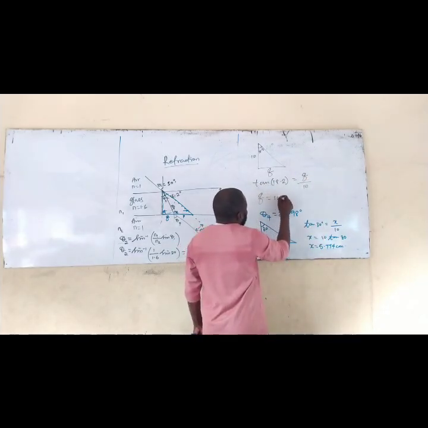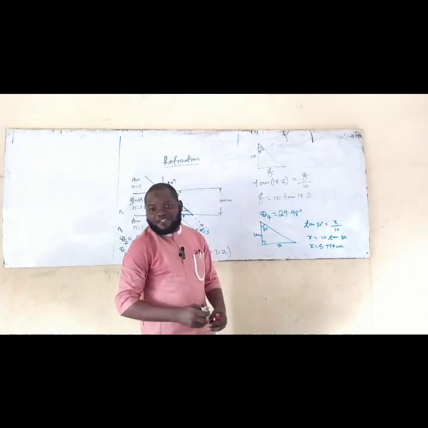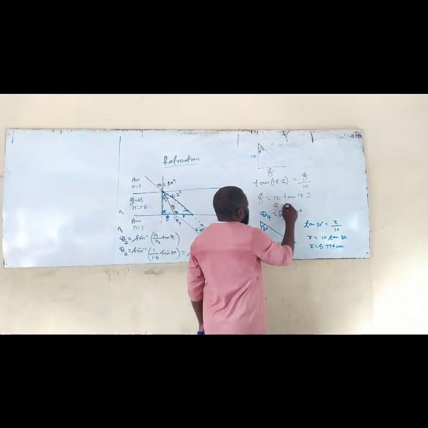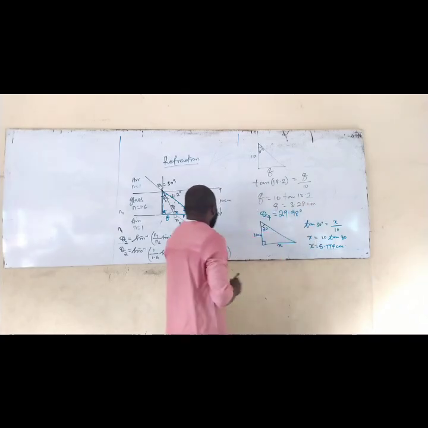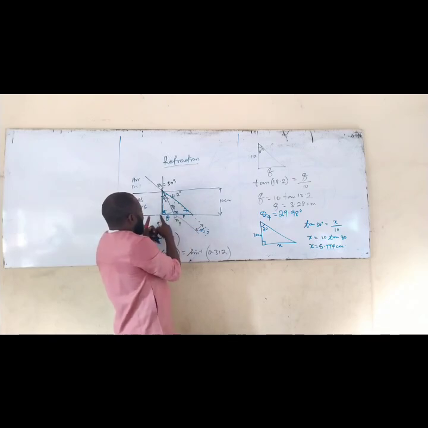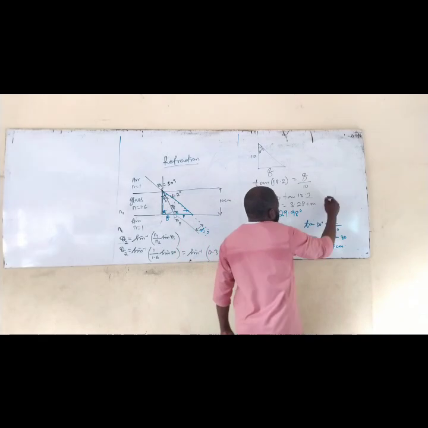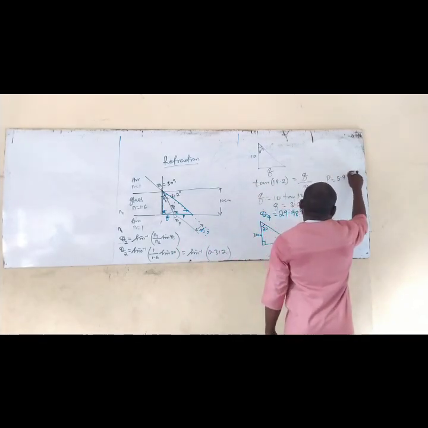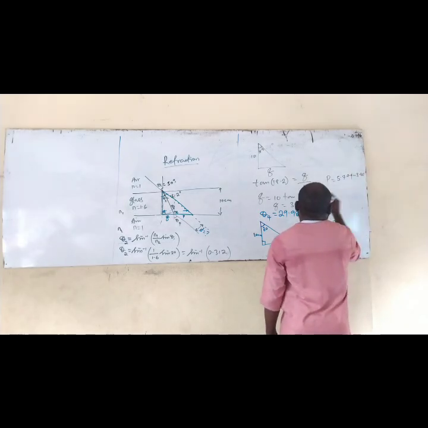So Q equals 10 times tan 18.2. 10 times tan 18.2 will give you what, guys? 3.28. So our Q is 3.28 centimeters. So if the entire X is 5.774 centimeters, and from here to this place is 3.28, our P is going to be 5.774 minus 3.28. So what do you have?